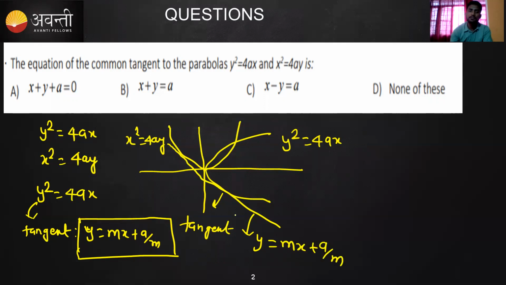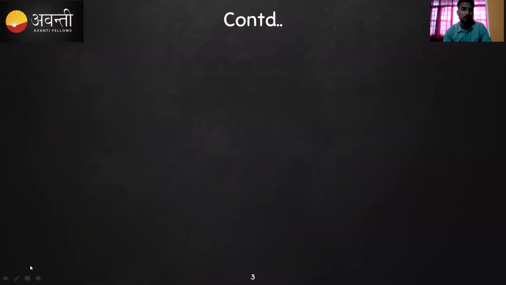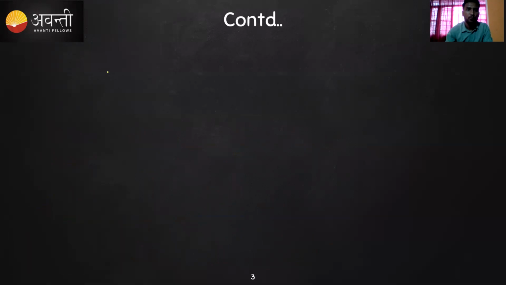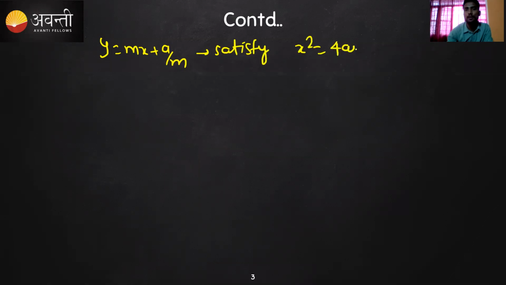But this tangent is common to both the parabolas. So this tangent will definitely satisfy the x square is equal to 4ay curve, because it is common to both. So we have y is equal to mx plus a by m, and it will satisfy x square is equal to 4ay.